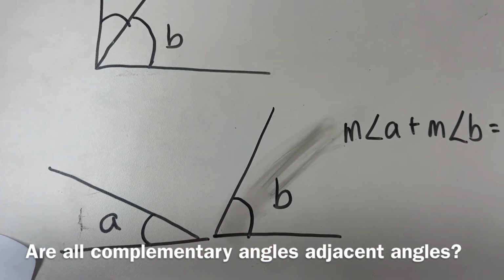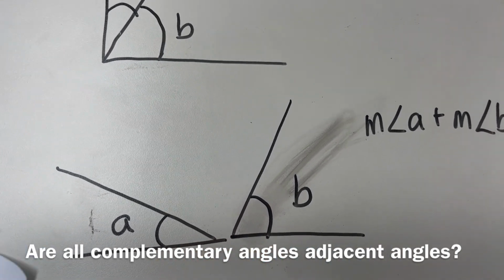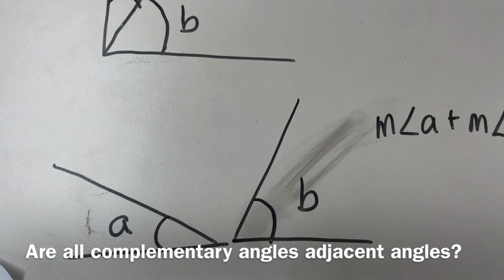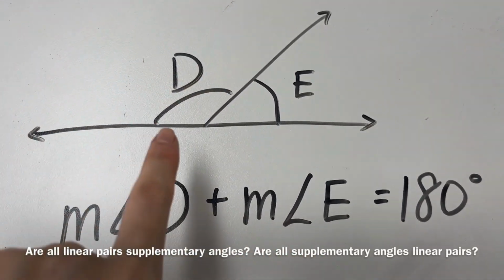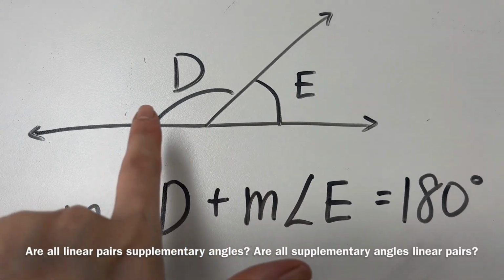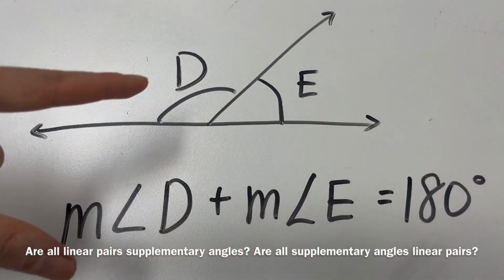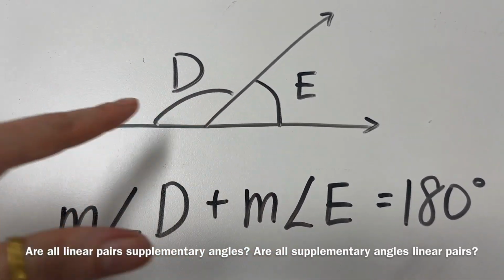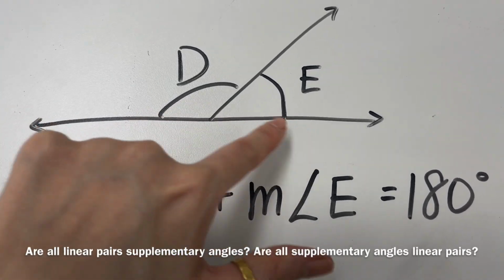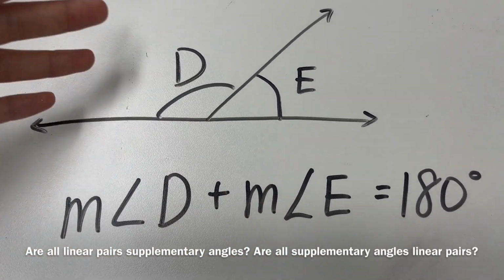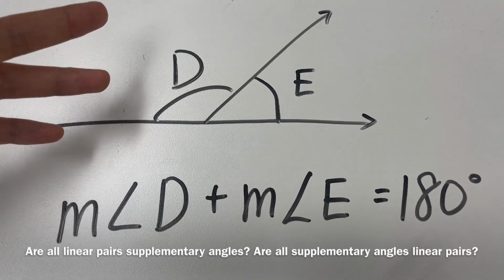Okay, so not all supplementary angles have to be adjacent. This time around, I have two angles, angle D and angle E. They form 180 degrees. So when they get together, they form one straight line. So therefore, this would be a linear pair, correct?